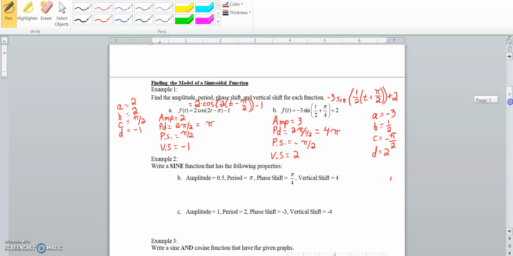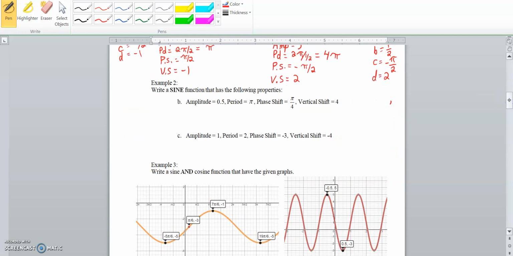Next, we're going to do writing the function given the 4 properties. In this case, this is where it's even handier to do the A, B, C, D. A equals, our amplitude is the absolute value of 0.5, so just 0.5. Let me finish writing these. Period is pi. So 2 pi over b equals the period. The period's pi.